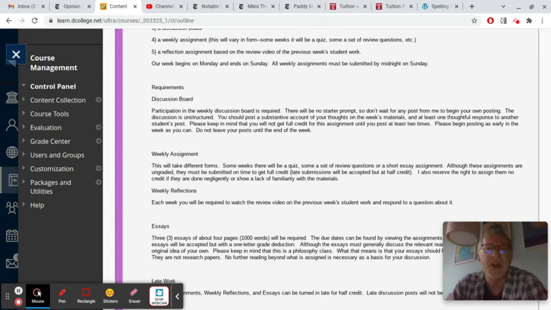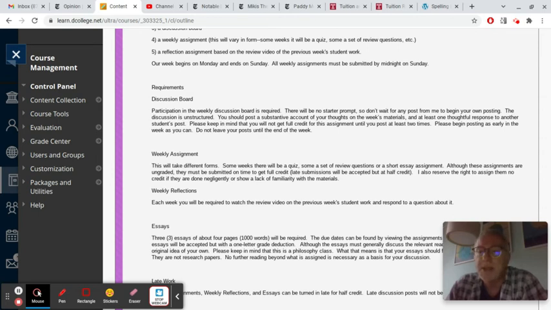The discussion is unstructured. You should post a substantive account of your thoughts on the week's materials and at least one thoughtful response to another student's post. Your post of your own thoughts should be a paragraph or two, actually weighing in on something that you find interesting about the week's materials.